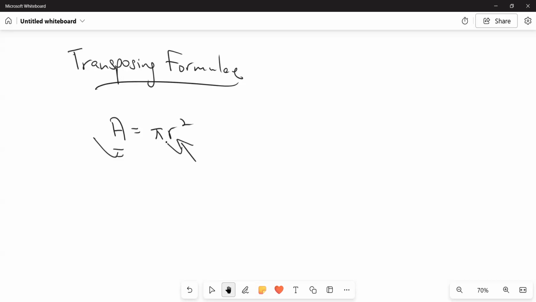You might end up having to find r. You have to rearrange this formula to find r. The formula for r is going to involve A and pi, and you will substitute what A and pi are and get r.